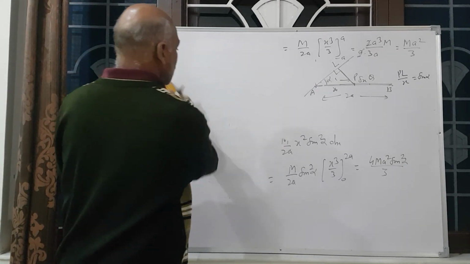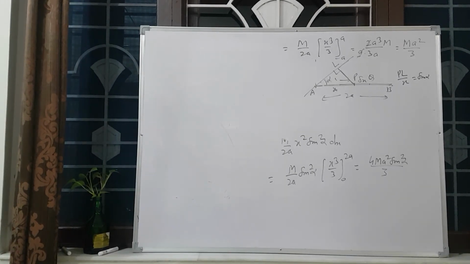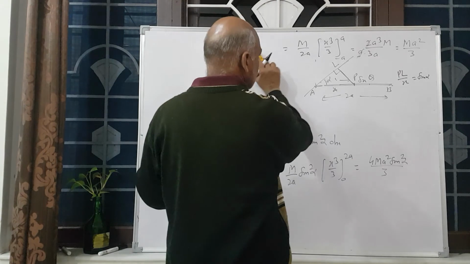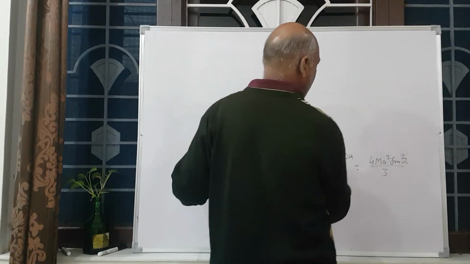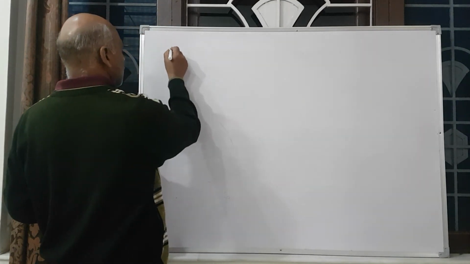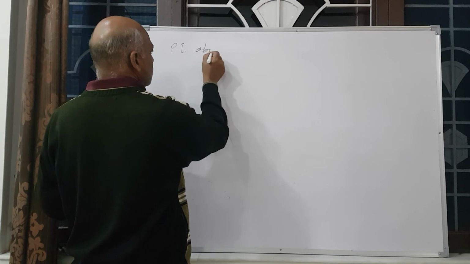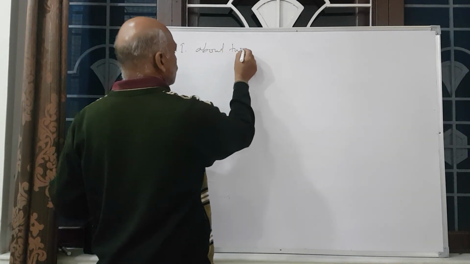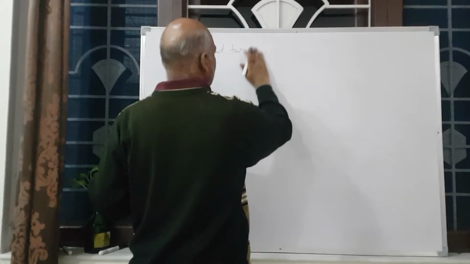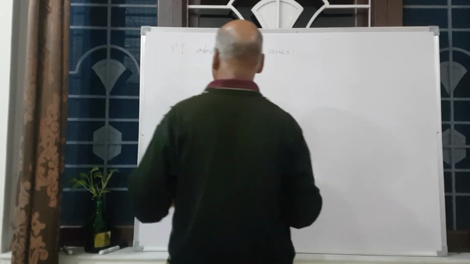Now we find the product of inertia about two perpendicular axes in the same rod.